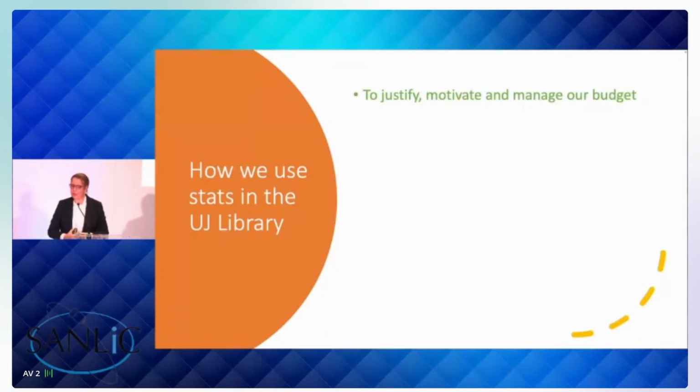So how we use our stats at the University of Johannesburg is largely, but not only, for the students. And in the service of the students, it's about motivating our budgets. We have been very fortunate because we collect really great statistics or good data, which we then use to present our statistics.